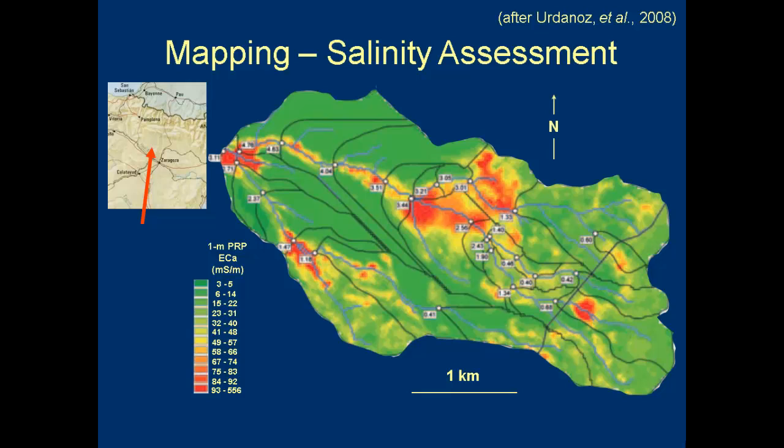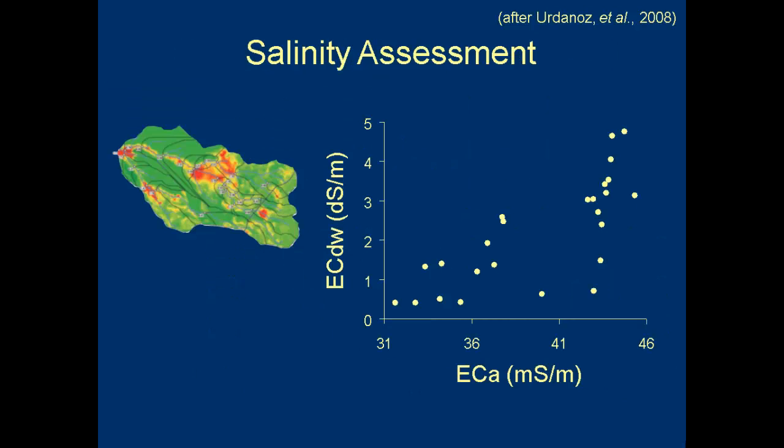The researchers divided the basin into watersheds and sampled the conductivity of drain water at the watershed exits. Verdano and associates compared drain water conductivity to the average apparent conductivity measured in the corresponding watershed and found reasonable correlation.